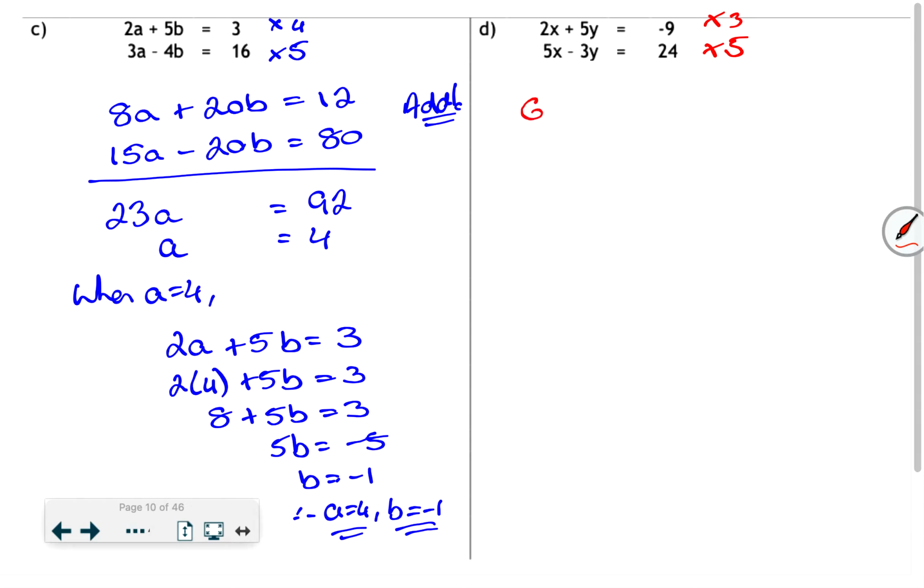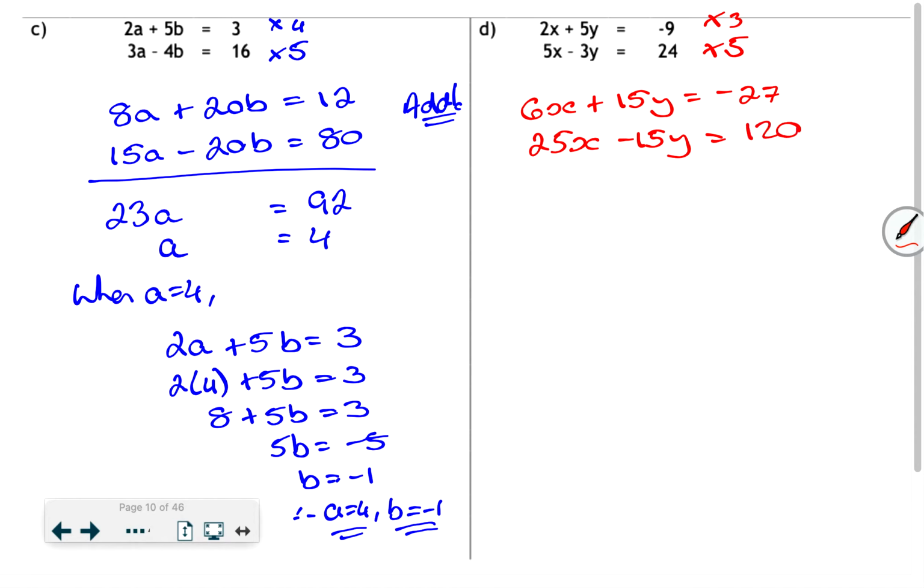So we get 6x plus 15y is equal to minus 27. 25x minus 15y is equal to 24 times 5, which is 120.